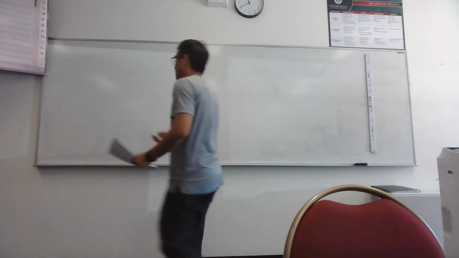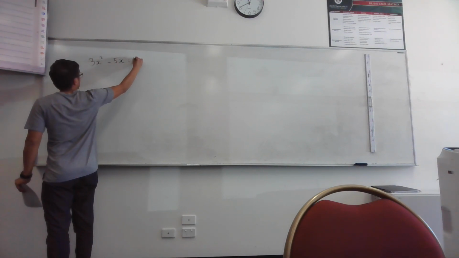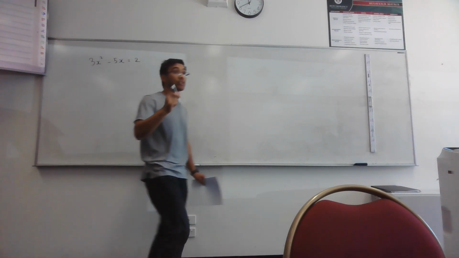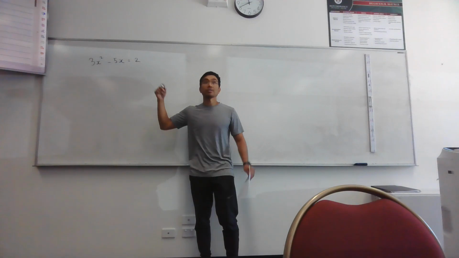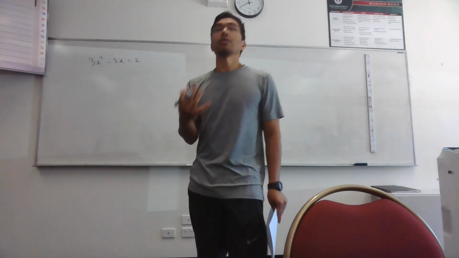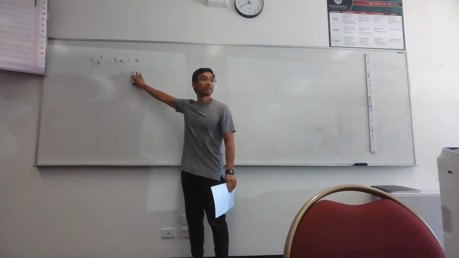Okay, so let's just quickly do example 1. 3x squared minus 5x equals 2. Do you see a 0 in this question here? What do we need to do to incorporate the null factor law? How do we get a 0 in here?